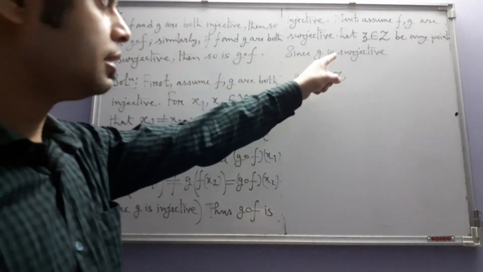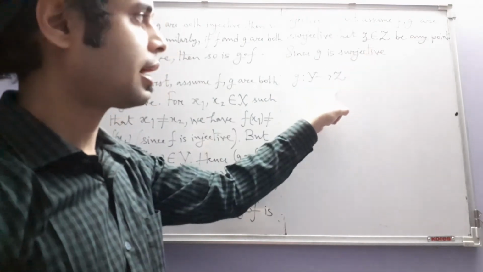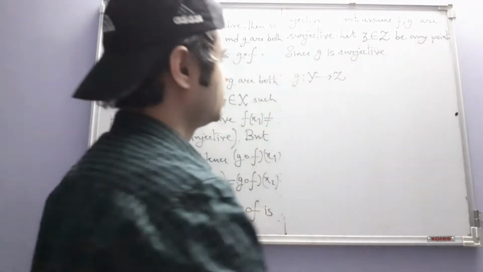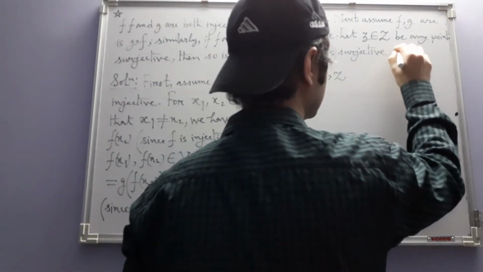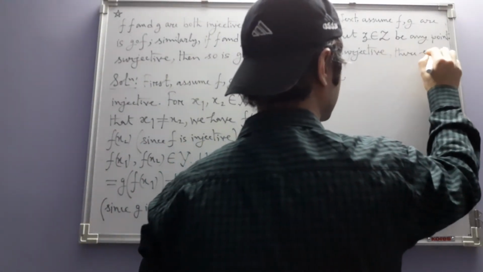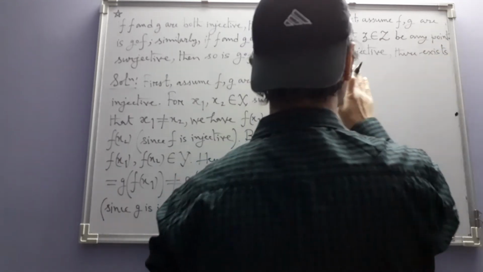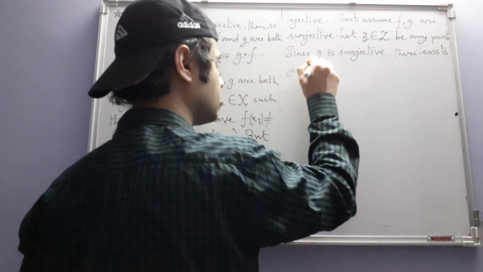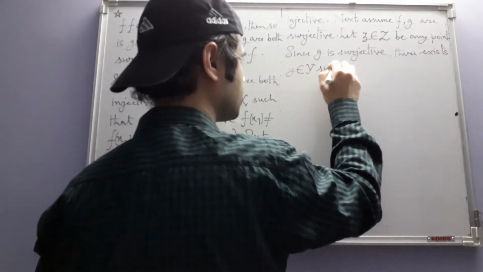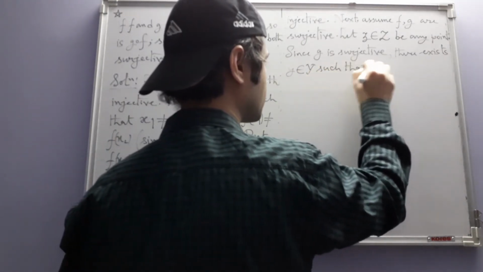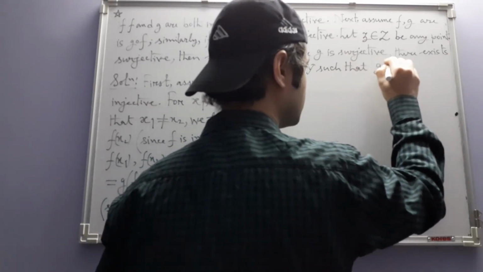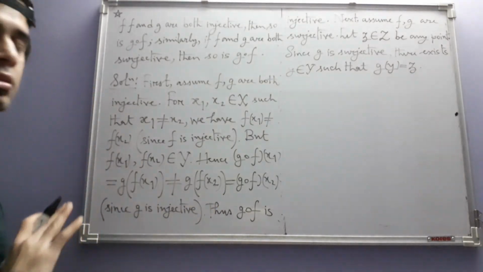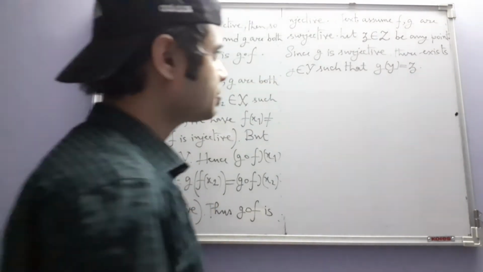So since g is surjective, this will be the output of some input in Y under the function g. So that means there exists some y in the set Y such that g(y) is equal to z. This is coming from the surjectivity of g.